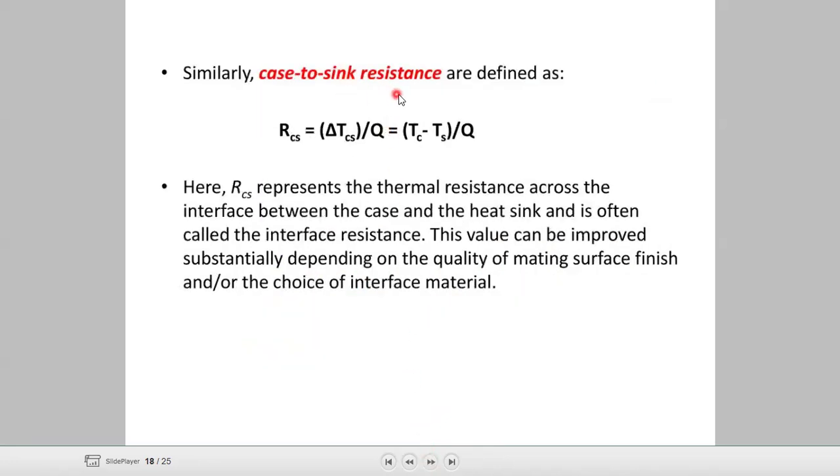Case to sink resistance, RCS, is the same as that one. This is the interface between the heat sink and the device, which can also be improved substantially depending on the quality of the mating surface finish.